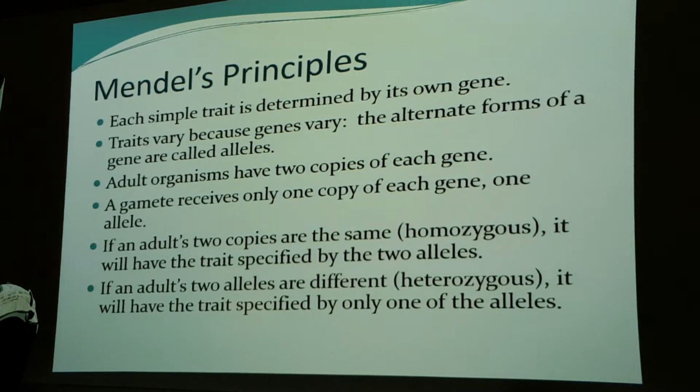If an adult's 2 copies are the same, it will have the trait specified by the allele. If the adult's 2 alleles are different, it will have the trait specified by only 1 of the alleles. But of course, we come to find out that's not always true. But in the traits he was looking at in pea plants, it was true. You see, with pea plants, you can grow a few thousand of them.